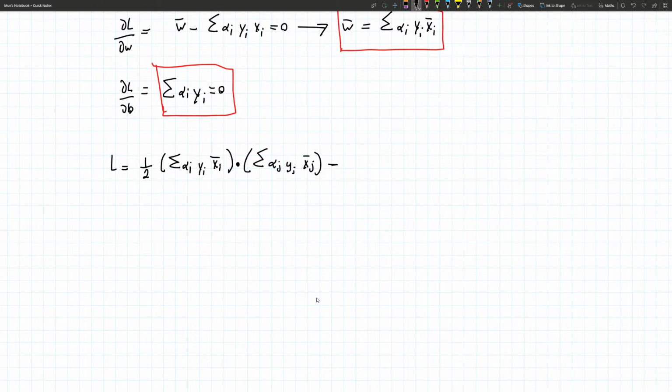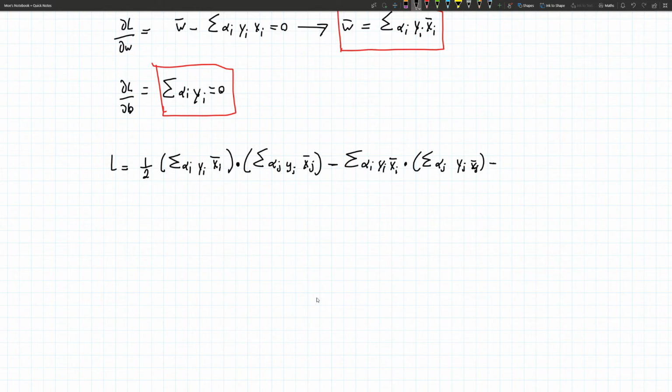Then we subtract the sum of alpha i y of i x of i, dotted with the sum of alpha j y of j x of j, right?